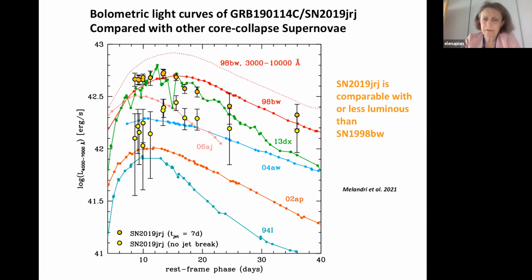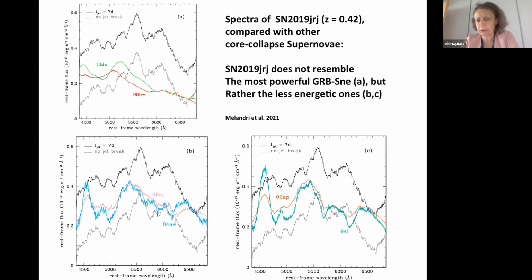And we definitely think that the most plausible case is the yellow circles rather than the orange circles. Namely, our object is more similar to less extreme gamma ray burst supernovae than 98bw because the spectral appearance is definitely different from 98bw.